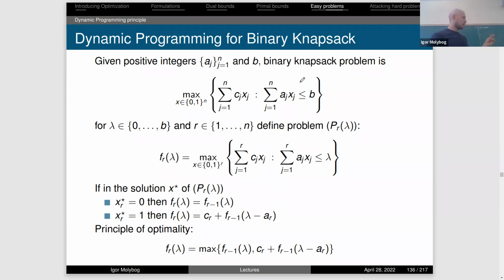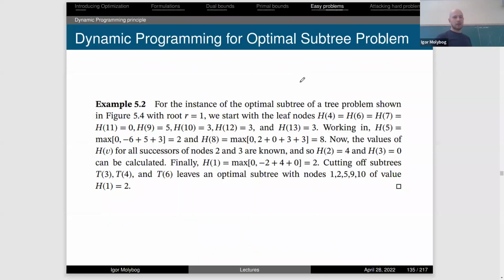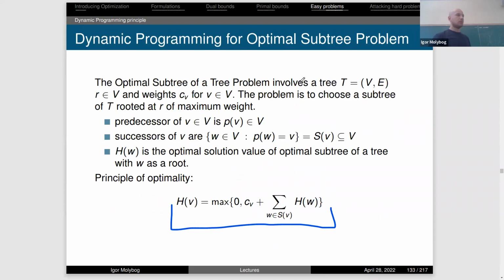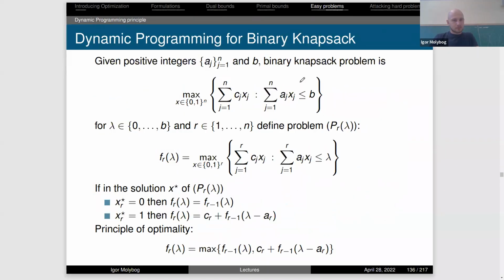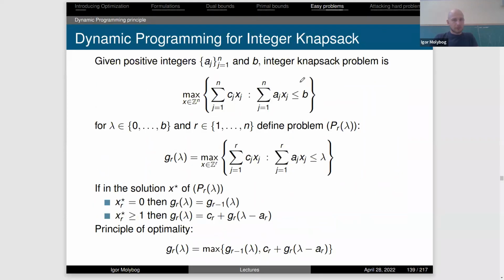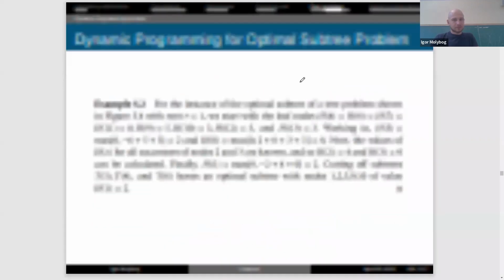If you would like me to, I can go over, for example, the construction for the binary knapsack or for the optimal subtree problem, because I think it's important to understand if you don't remember that. What about the binary knapsack then?